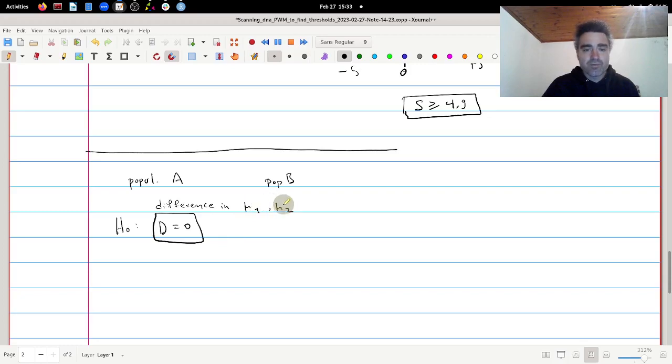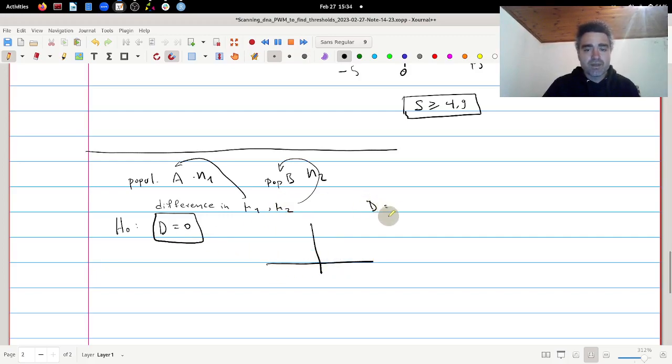So this is the mean value in this population and this is the mean value in this population, and this parameter has a value 0, a specific value for the null hypothesis. And then if we get a sample from here and a sample from here, let's say N1 individuals and then N2 individuals, we can actually have ways to construct the distribution of this D.